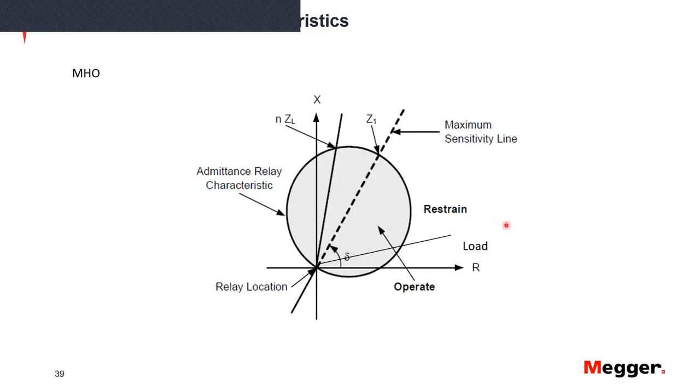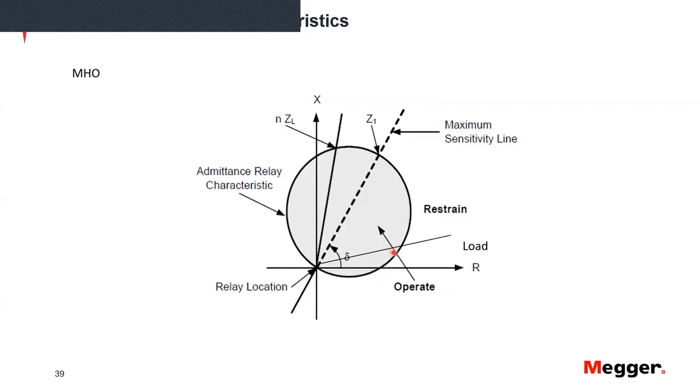Why? Because bigger load would mean higher current, which would mean lower impedance. Lower impedance means that the distance from the origin is going to be smaller. There's a point where the load could get into the characteristic and you don't want to trip for the load. And that is called load encroachment.